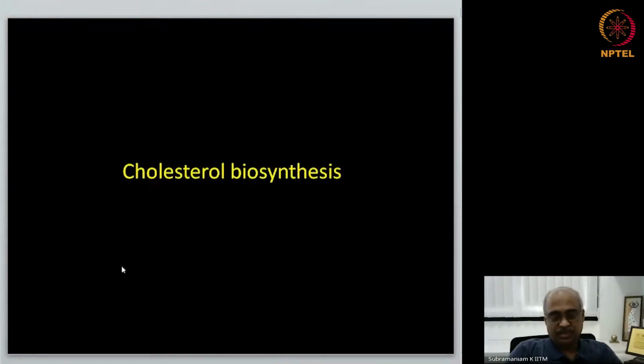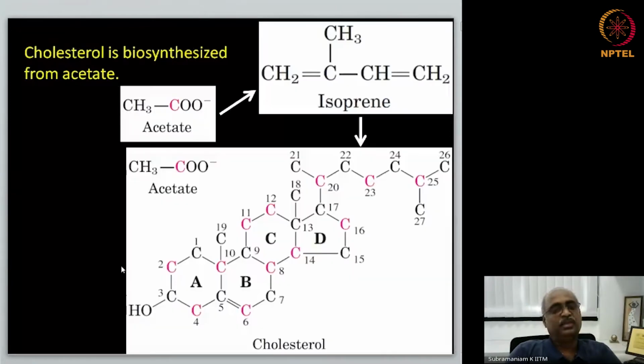So for cholesterol biosynthesis, again the starting material is the same, acetate. But it follows a very different route, because the end product we are going to have is a cyclical molecule, cholesterol.